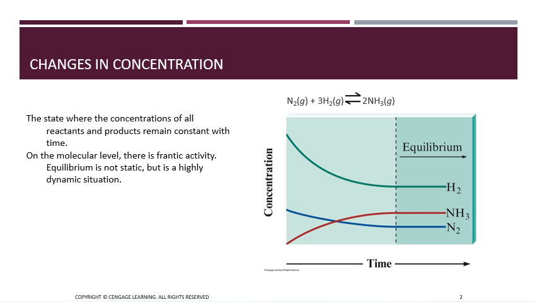The graph that you see here, where we're looking at the changes in concentration versus time, shows that your N2 and your H2, just like we talked about with our kinetics unit, are always going to decrease from their initial concentration, and the NH3 is always going to increase its concentration as the reaction progresses. The focus that you will see for equilibrium is on the right side of that dashed line.